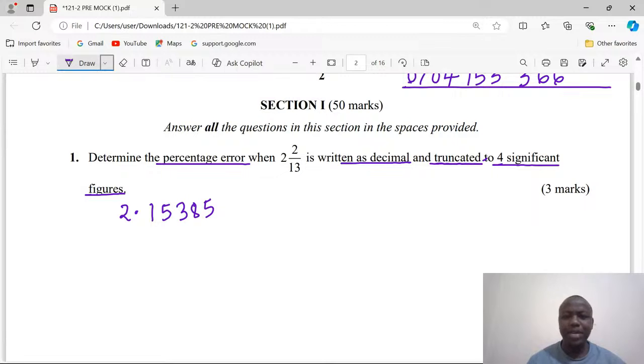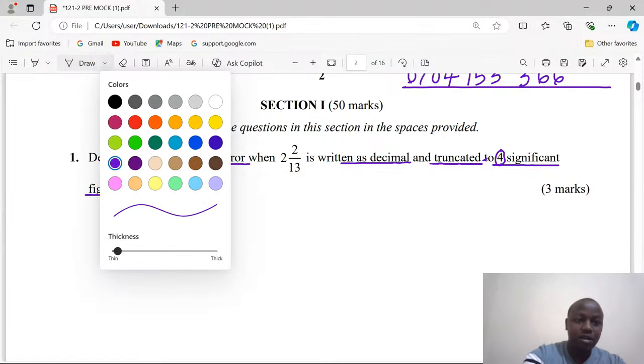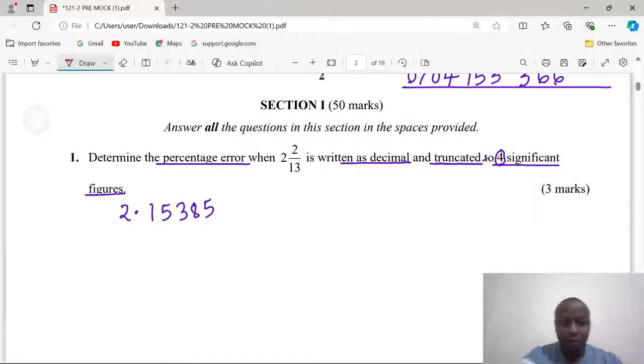But now the examiner is talking about truncated to 4 significant figures. So when we talk about truncation, we just count the first significant figures as they have been communicated. That is the 4 significant figures. Then we fail to consider the 5th significant figure, whether it is above 5 or below 5. So what we're going to count is the first significant figure, the second, the third, and the fourth.